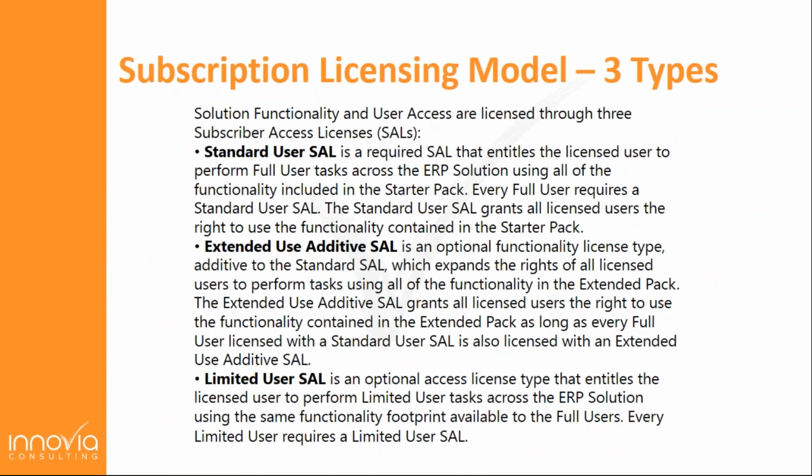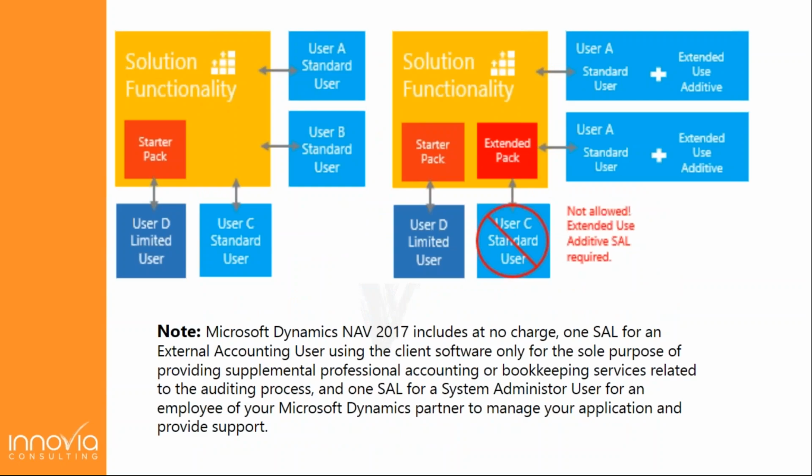In terms of what the extended use additive subscription access license is, it gives you all the access that the extended pack does in the perpetual world, and you just add that on to the standard user sale, and it's priced out that way.